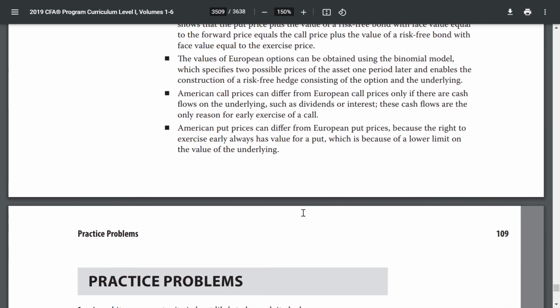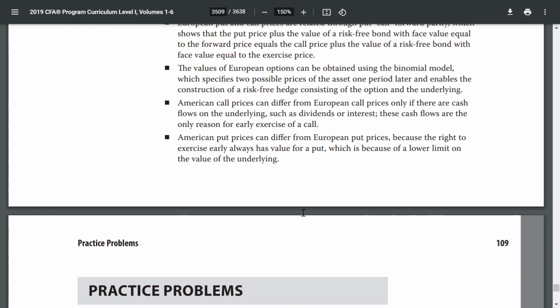The value of a European option can be obtained using the binomial model, which specifies two possible prices of the asset one period later and enables the construction of a risk-free hedge consisting of an option and the underlying. American call prices can differ from European call prices only if there are cash flows on the underlying such as dividends or interest.